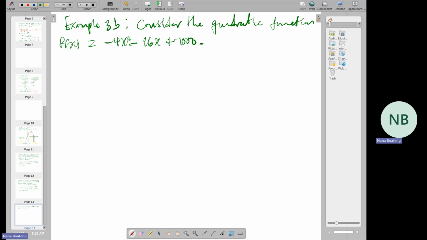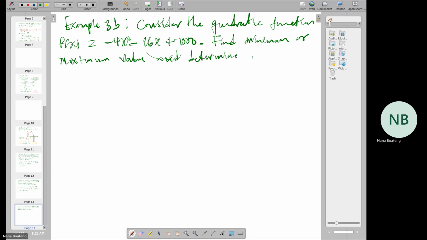Find the minimum or maximum value and determine where it occurs.